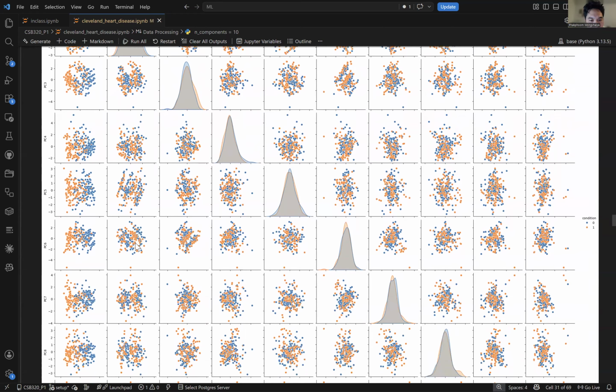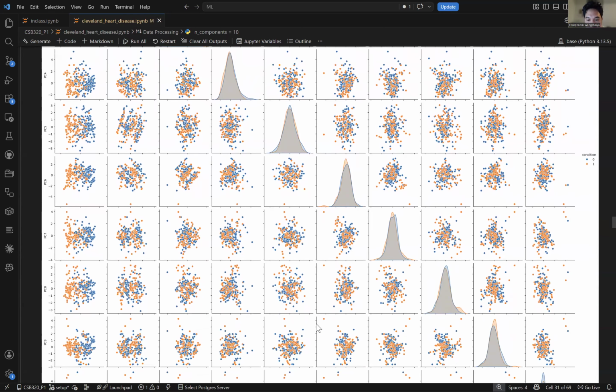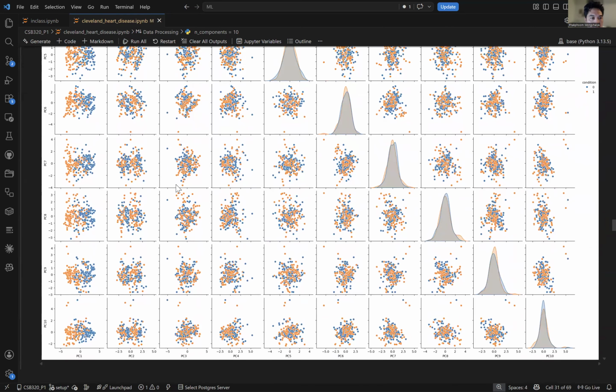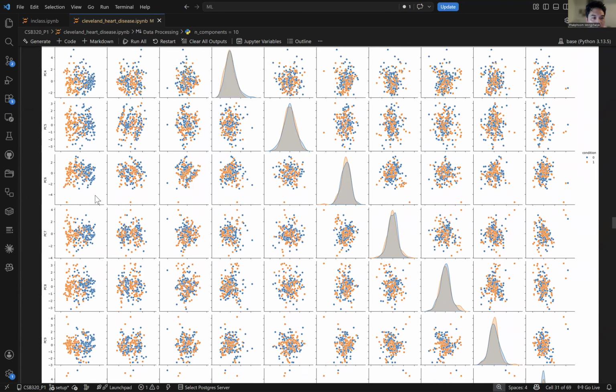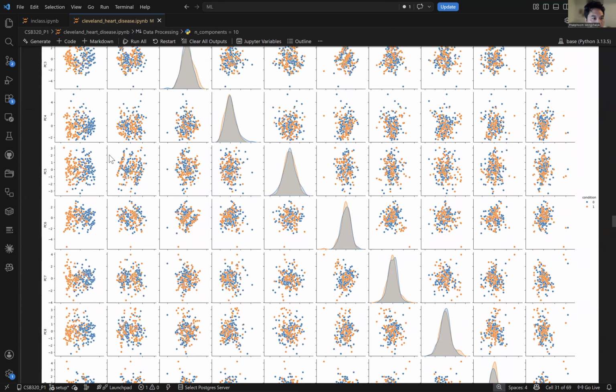Most of them are still a lot of overlapping. So models like logistic regression and the decision tree, I think, will have a hard time finding a generalized pattern from this data set.